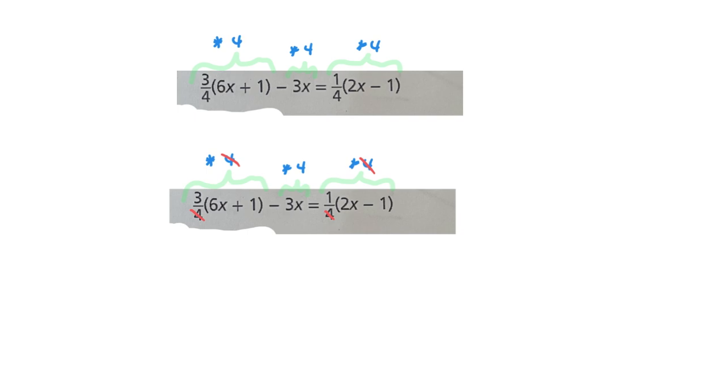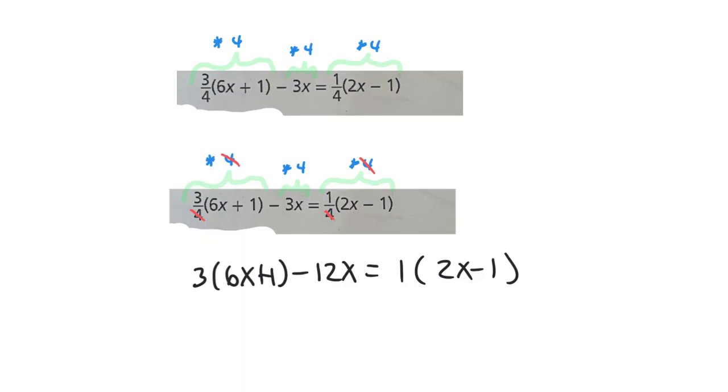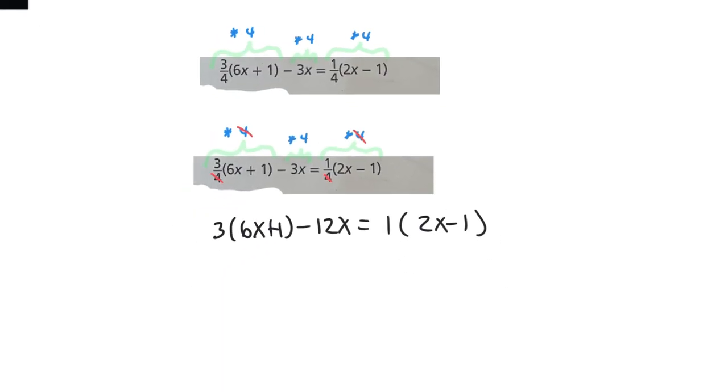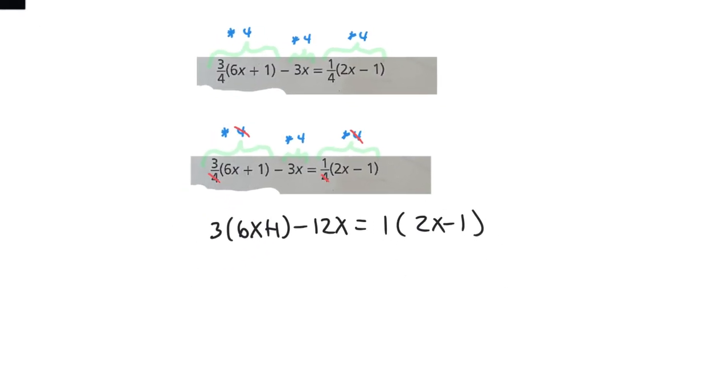Now let's take a look at what remains after that hovering strike. The 4 knocked out the denominator here, and this 4 knocked out the denominator here. What remains is 3 times (6x plus 1) minus 12x equals 1 times (2x minus 1). Notice how we effectively got rid of the annoying denominators.